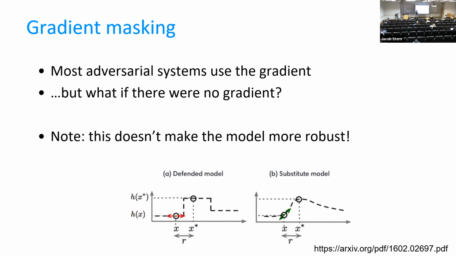Does that make sense? So for example, you could use a k nearest neighbors algorithm. k nearest neighbors does not use gradients, and using that as a model would prevent an adversary from using gradients to design adversarial examples. Can you think of any possible problems with this?